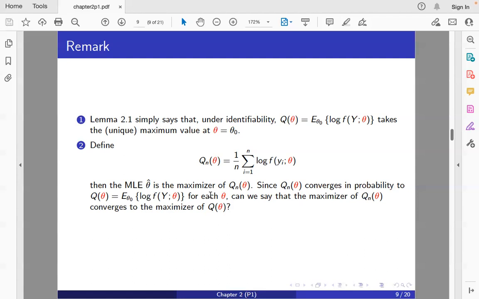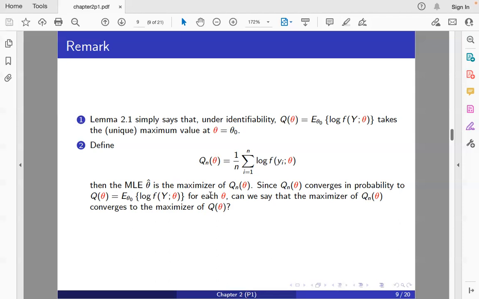So it could be something like this. If n is large, it will be very close to the true Q function, and the maximizer here is zeta hat n. So maybe Qn zeta is very close to Q zeta for large n.